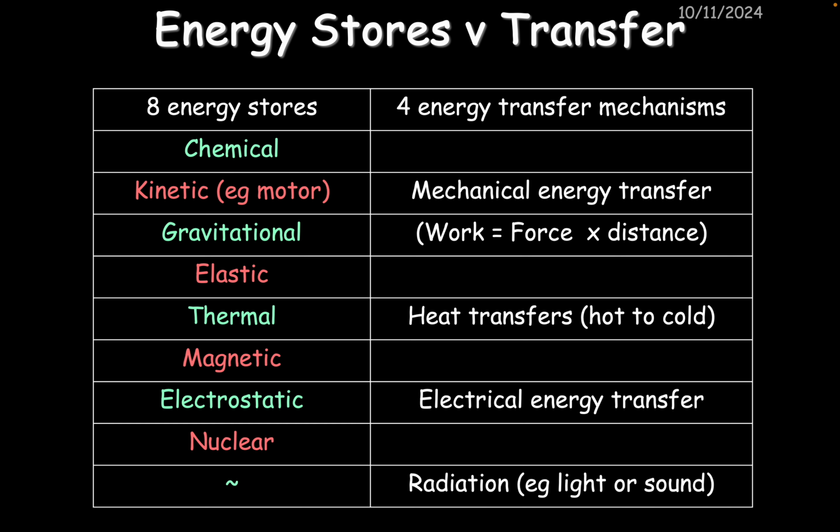So for example, I've put mechanical energy transfer next to kinetic and gravitational. So whenever there is work being done, physical work being done, so you are lifting something, for example, from the floor onto a shelf, you're doing physical work, and in the process you are increasing the gravitational store of that object.